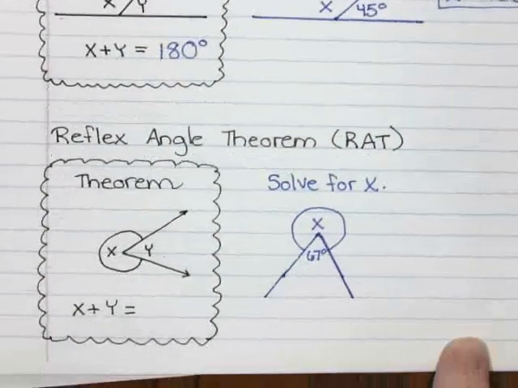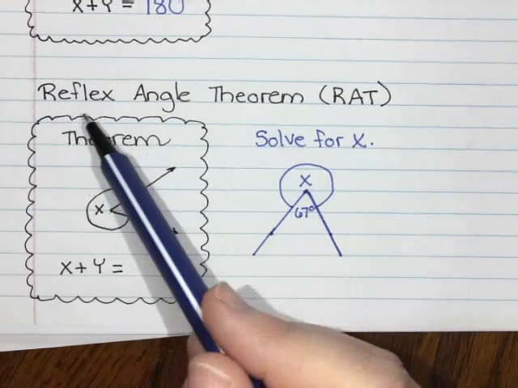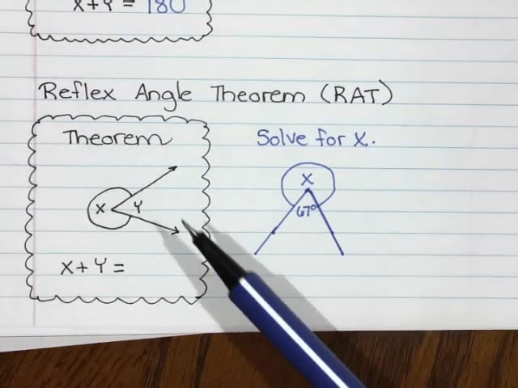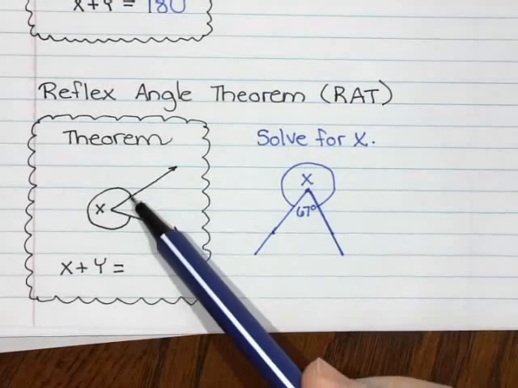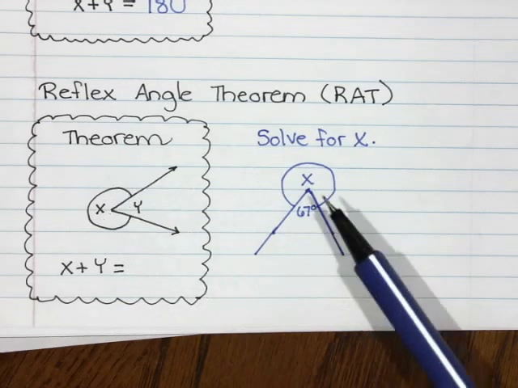All right, our third theorem is the reflex angle theorem, or otherwise known as RAT. A reflex angle is an angle that is bigger than a straight line, so bigger than 180 degrees. There are these ones here. They kind of remind me of a Pac-Man, if you know what that is.